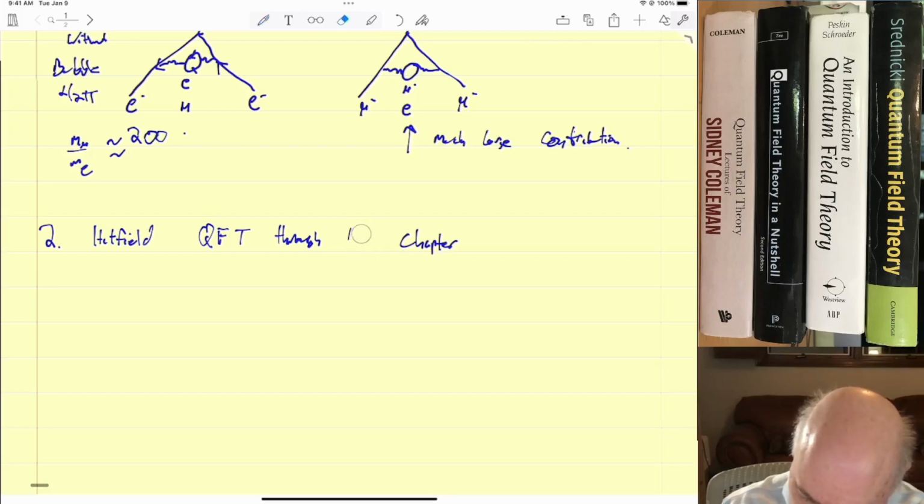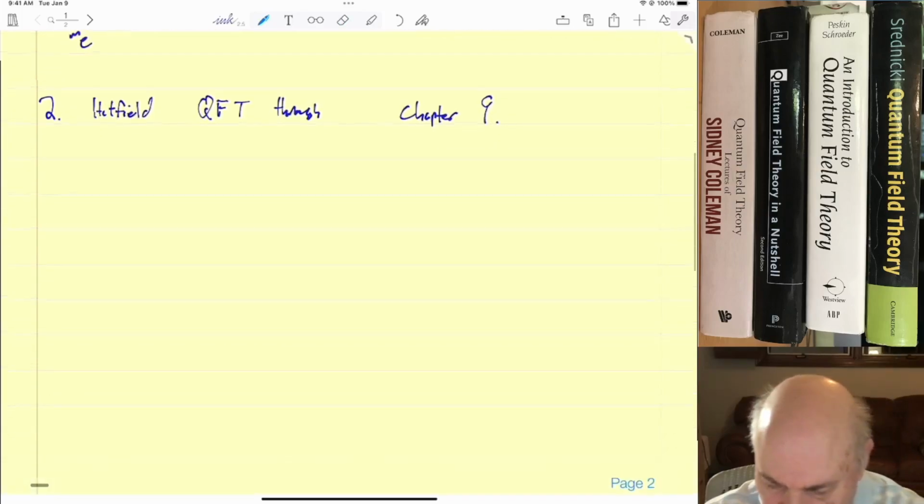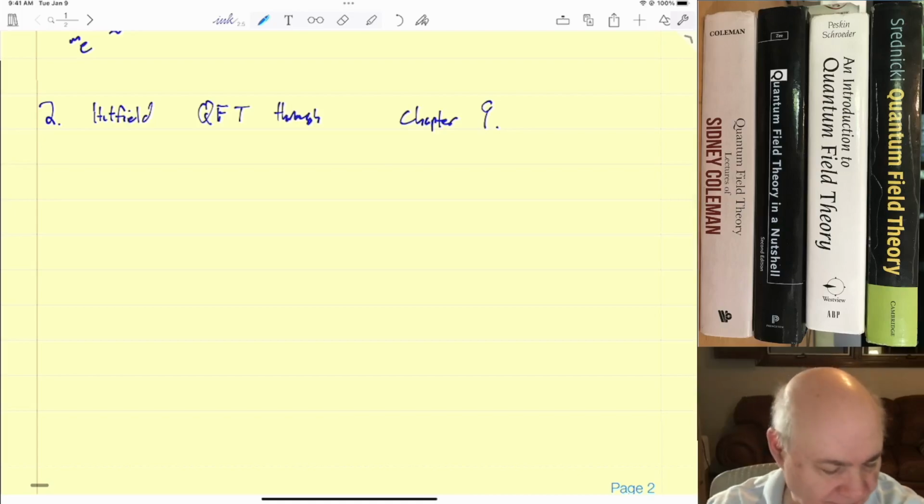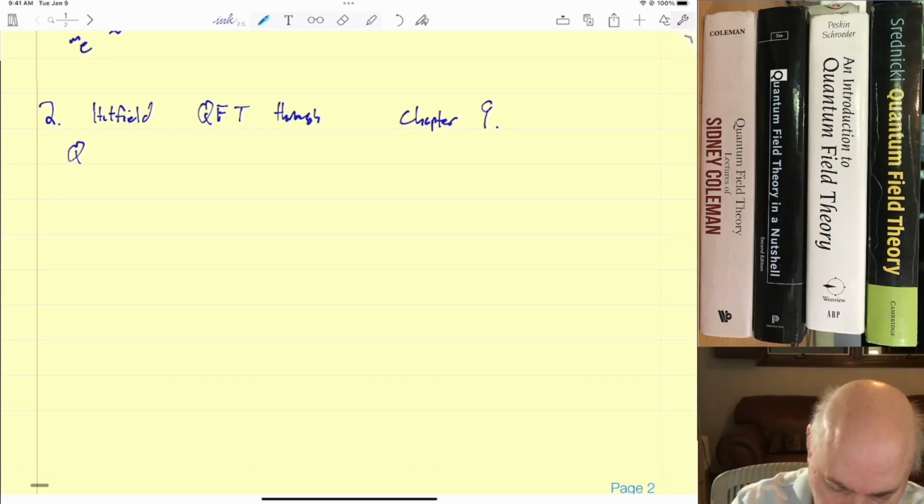Sometimes it works and sometimes it doesn't. Now, as I've mentioned before, Hatfield's is a very interesting book. It's quantum field theory of point particles and strings.